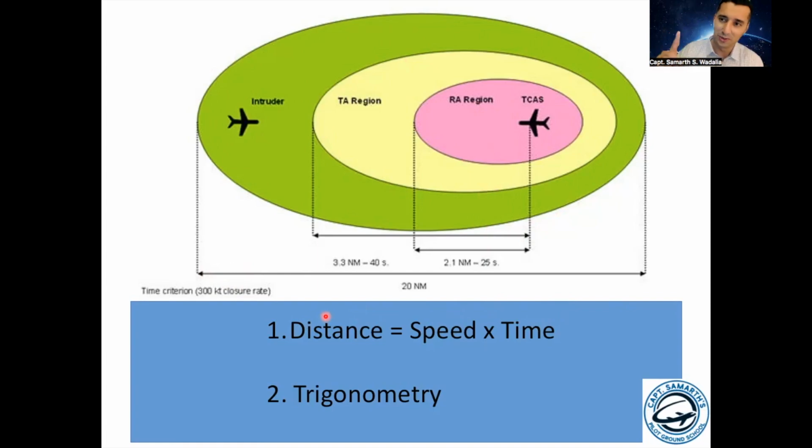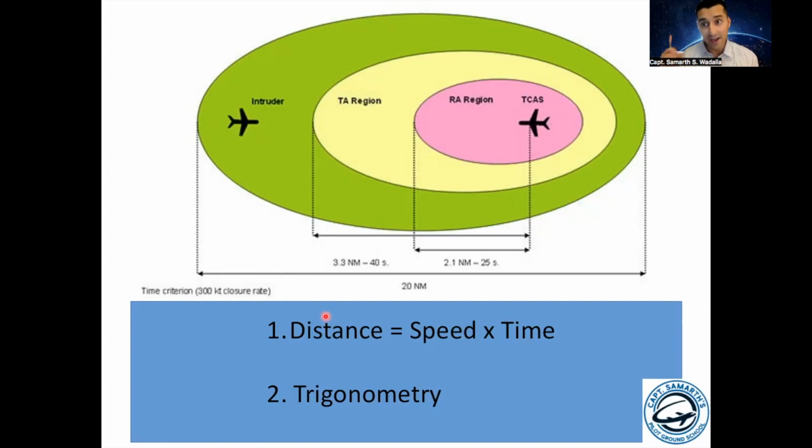If you have understood that your traffic advisory and your resolution advisory bubbles are not distance-related bubbles, they are time-related bubbles, you will then be able to quickly make the association that your airplane does not have just one TA bubble and one RA bubble around it. There are multiple TA and RA bubbles around your aircraft depending on the number of targets proximate to your aircraft.